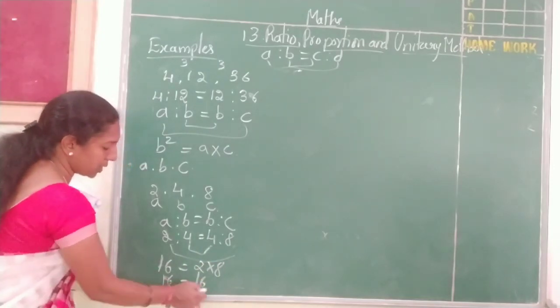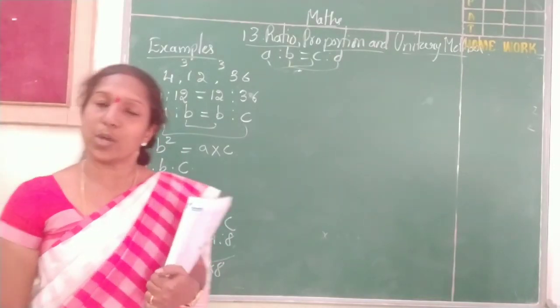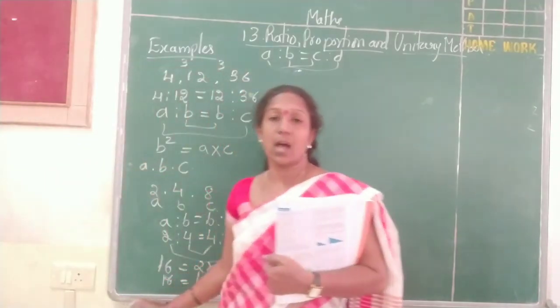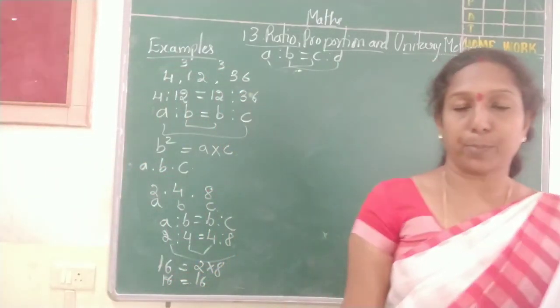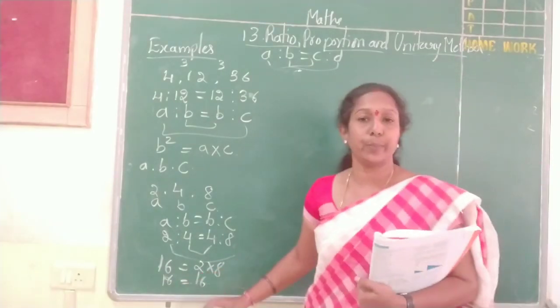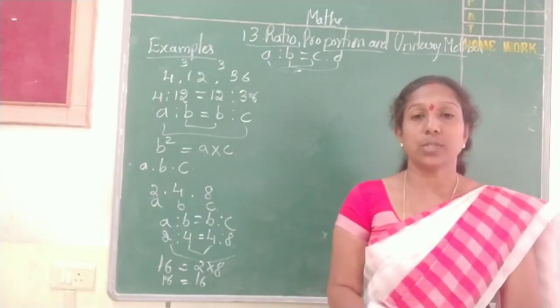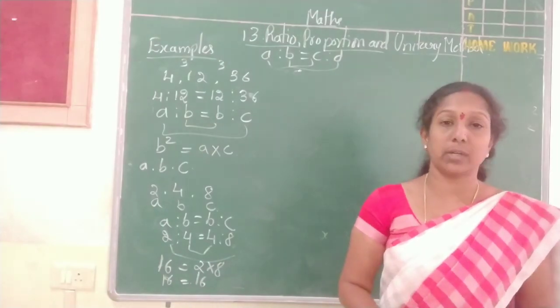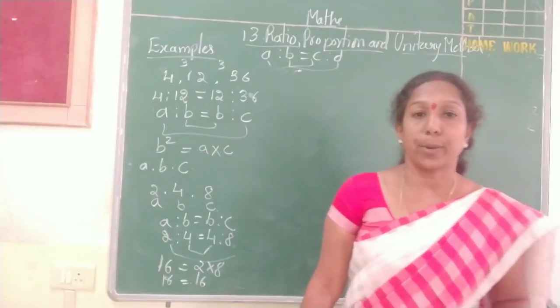So 16 equals 16, LHS is equal to RHS. It means that they are in continued proportion, because here LHS is equal to RHS. So this is how we have to solve problems on proportions.